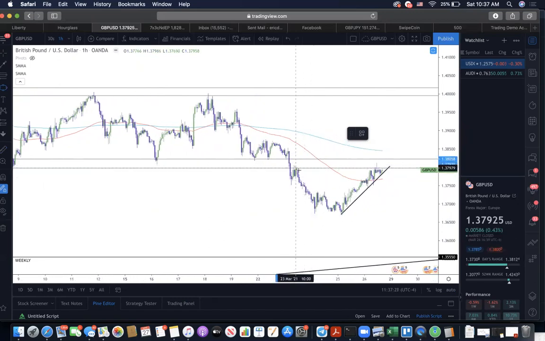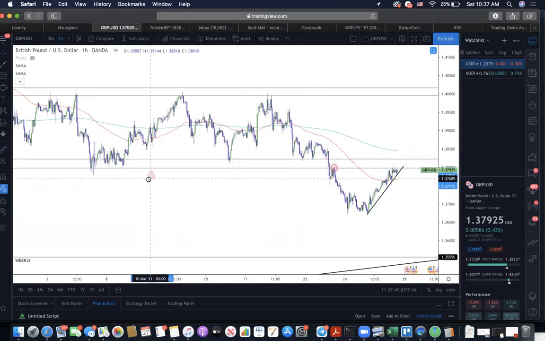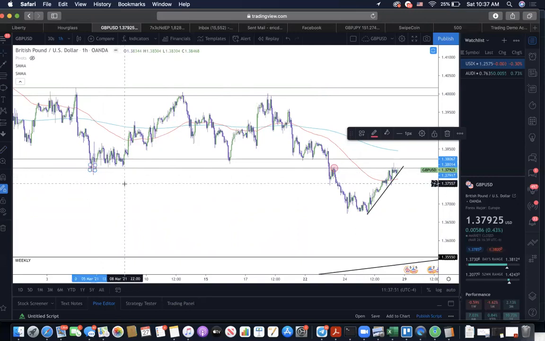So notice this zone, what it did here, right? Look what it did in this area here.